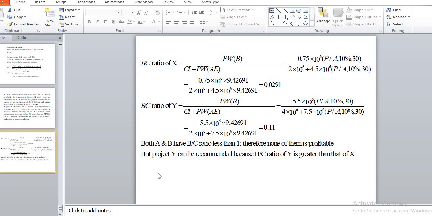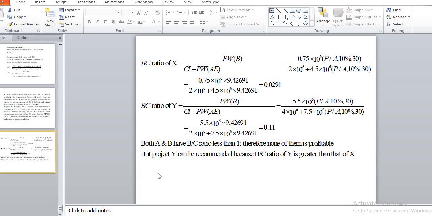With the present worth method, we put this factor as P/A, 10%, for a period of 30 years, divided by investment 4 into 10⁶ plus the present worth of 7.5 into 10⁶ with the present worth factor P/A, 10%, 30 years. So that value comes as 0.11.